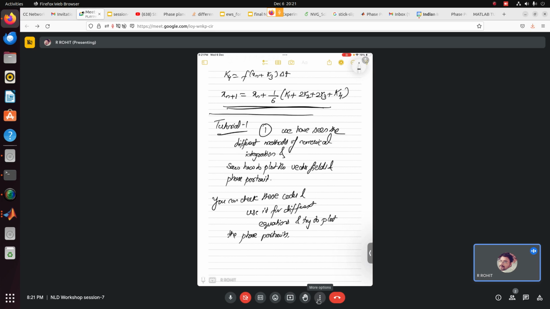I will put it in the same link where we are keeping the notes and all. There I will put this MATLAB code also. You can try to run these codes on your own and see how you can replicate the results. You can compare your results with the pplane plotters and see how your system behaves, and you can confirm whether your codes are running correctly or not, and you can check the different values.